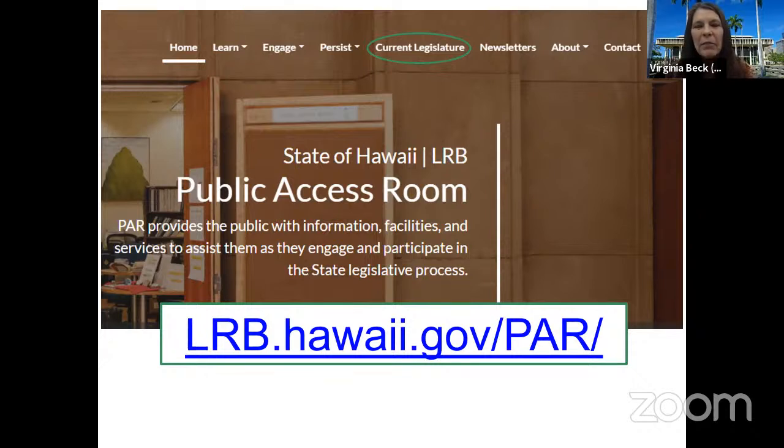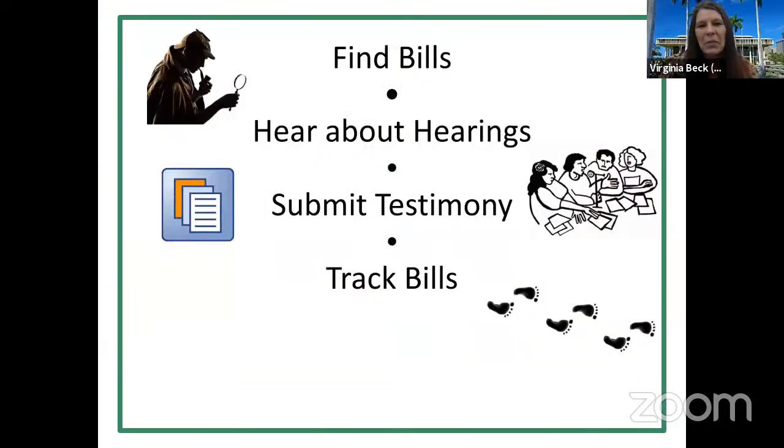And you can find that information on our website by going to the Current Legislature tab. And we have calendars, we've got a chart on which deadlines apply to my bill, we've got lists of senators, lists of representatives, all sorts of things, committee schedules, you name it, it's there. So I do want you to know that that's available.